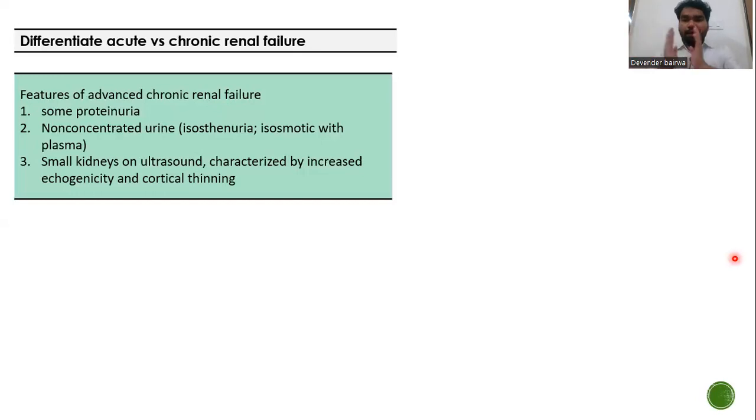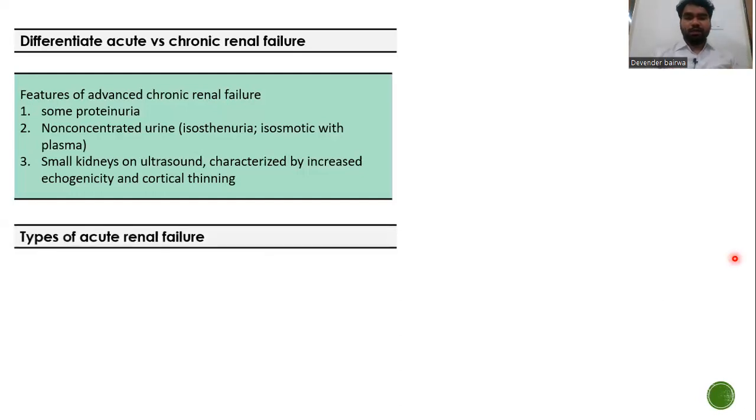Now, pre-renal and renal, after that we can have post-renal causes. In post-renal causes, there can be some obstruction to the urinary tract. For example, there can be stones, or urethral problems, or bladder problems that can lead to obstruction, and due to back flow there can be renal failure.